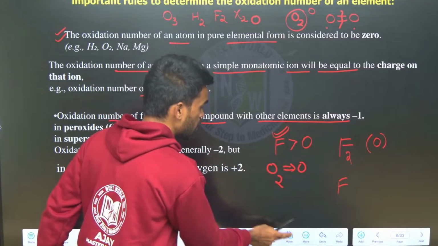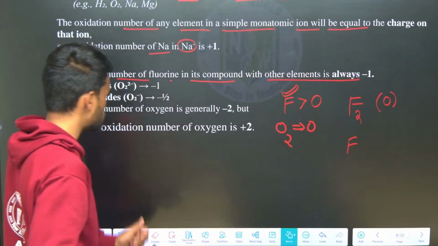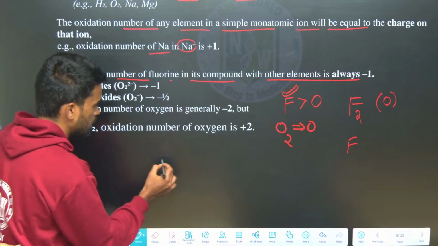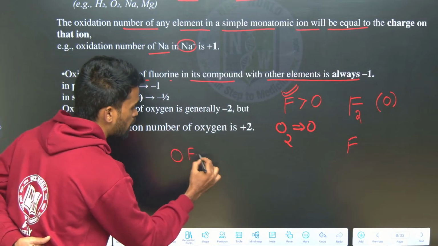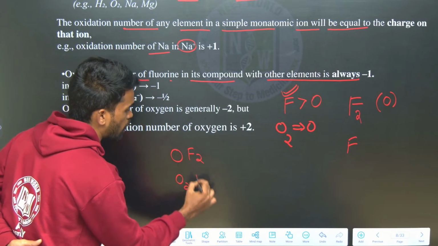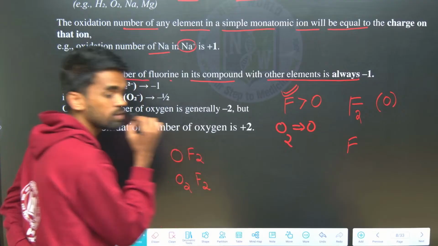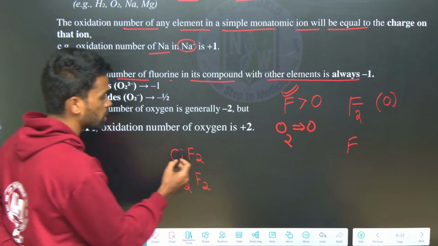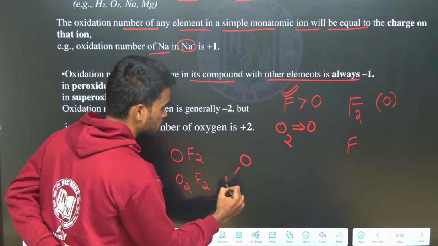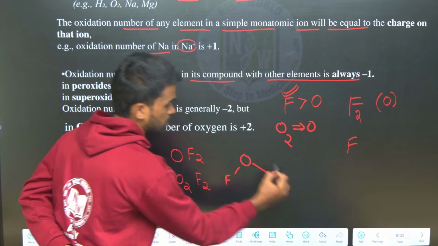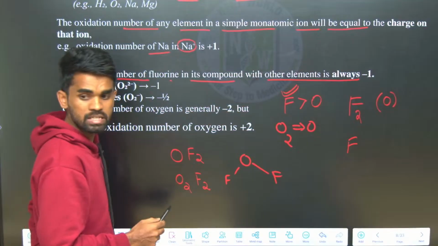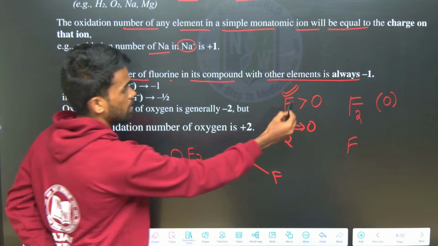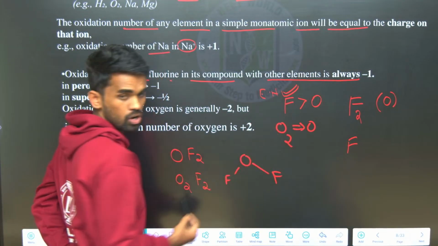For example, fluorine and oxygen together form a few compounds. Here I have OF2 type of compounds and O2F2 type of compounds. So now look at OF2. I can write it like this. Which is more electronegative, oxygen or fluorine? Fluorine. I have already given the electronegativity order; fluorine is more.